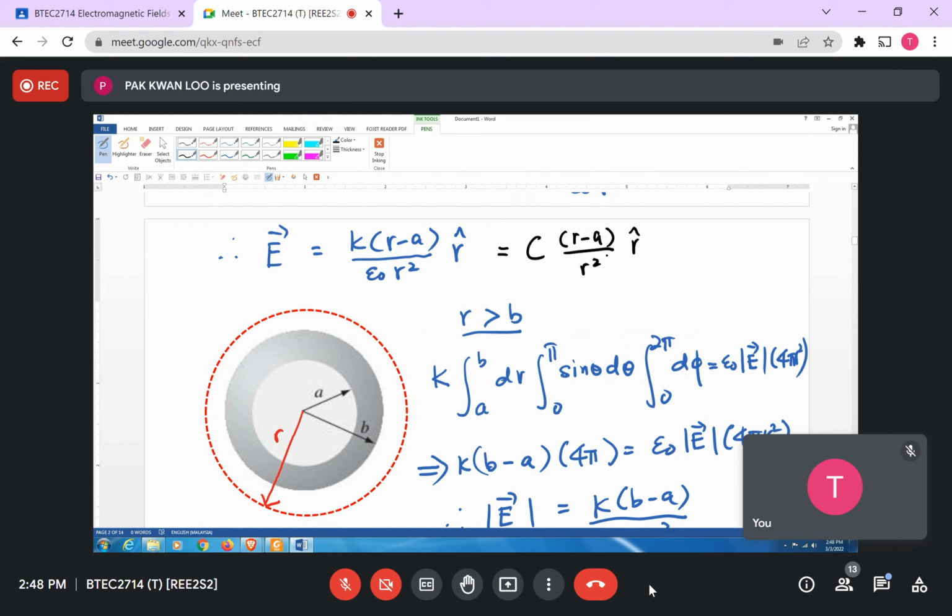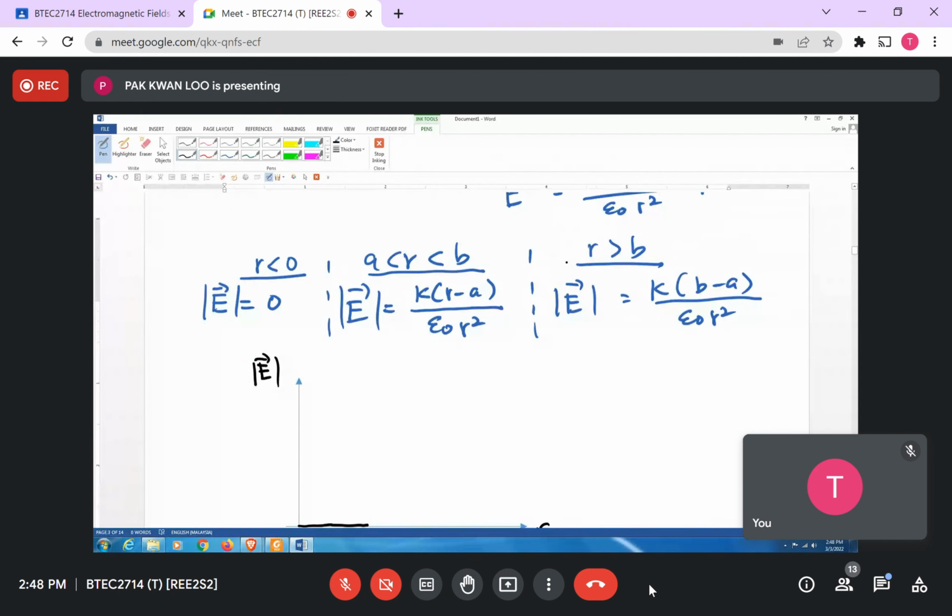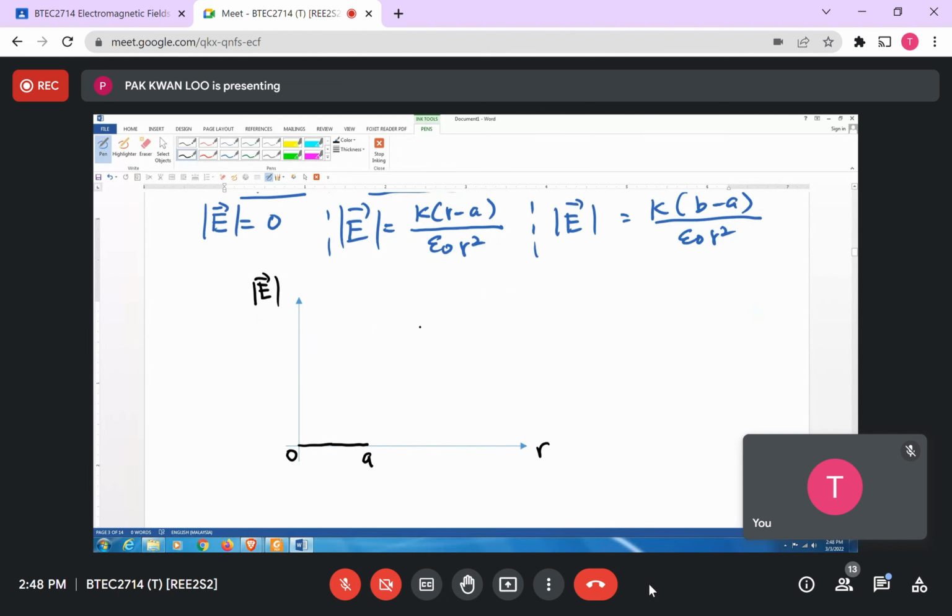The variation is almost similar to 1 over r, so you should have something like this.